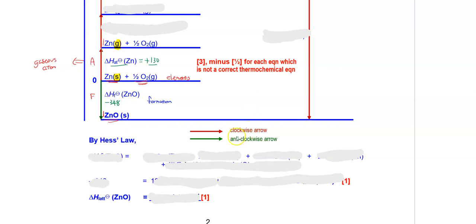Now, after I'm done with atomizing zinc, I need to atomize oxygen, because now it still exists as molecule O2. So consider atomization of oxygen, which is, as I mentioned earlier on, the half bond energy of O=O. Because for the O=O covalent bond, when you break it, bond energy, you get 2 oxygen atoms. Now I only need 1 oxygen atom, because 1 zinc oxide only contains 1 oxygen atom.